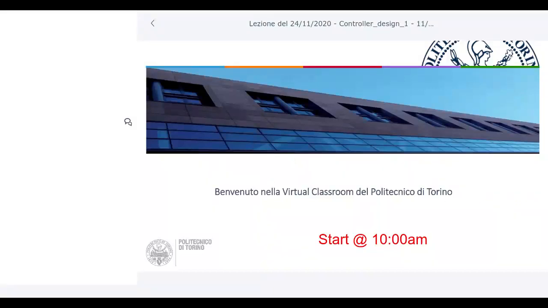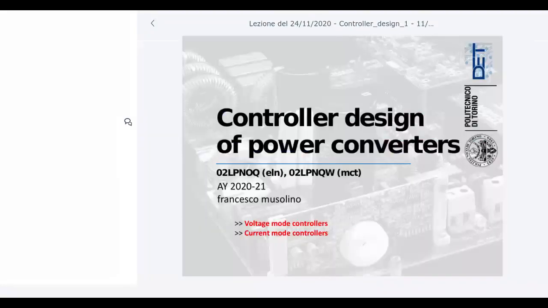Let me summarize some of the discussion that we already had. In order to do that, let me open the slides named controller design.